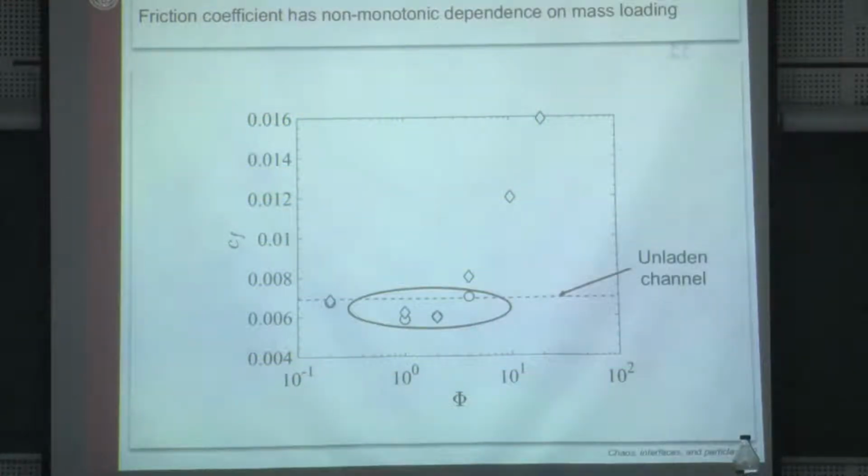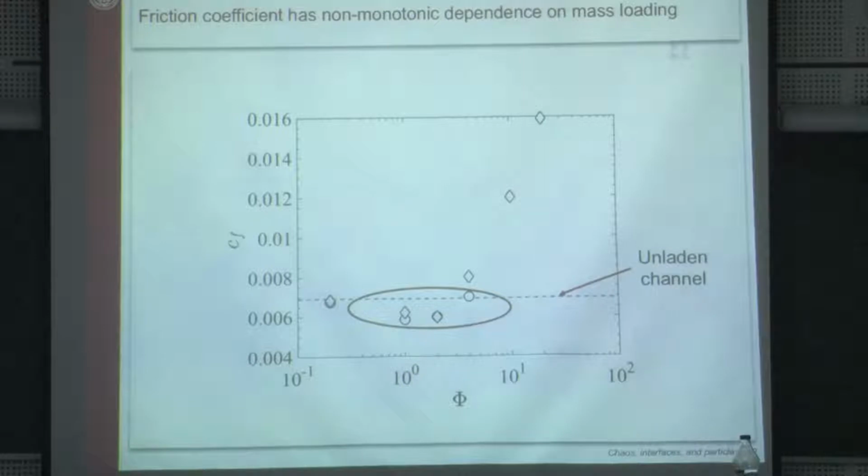A much simpler way to think about it is a simple friction coefficient, an integral measure of what it takes to get this flow going. Well, we know exactly what it takes to get this flow going if you're at the limit of no mass loading, right? Zero mass loading, no particles. I'm forgetting my fluid mechanics.